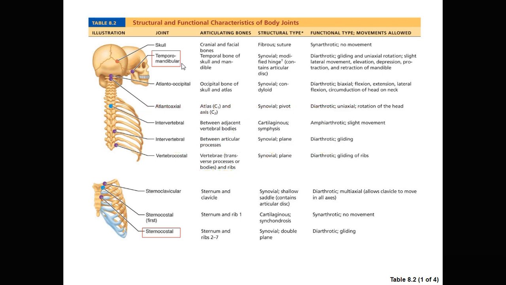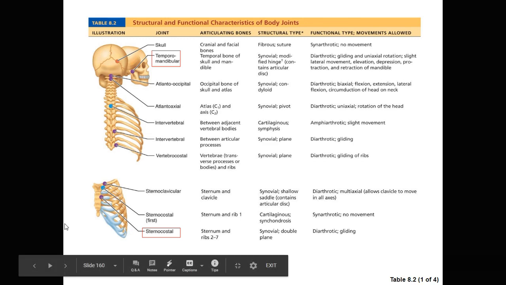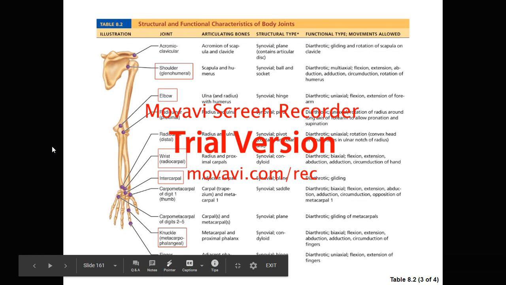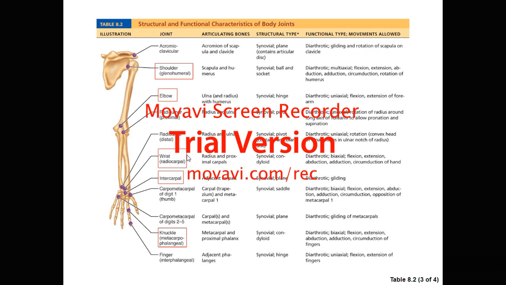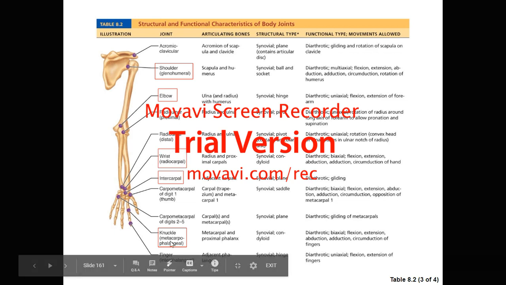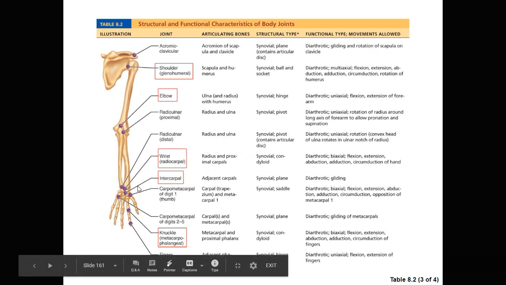If we go to the next slide, you see some more joint types that are in red boxes. Again, anything in red is something you should definitely know for the test. Some of these we have talked about, and some we may not have.